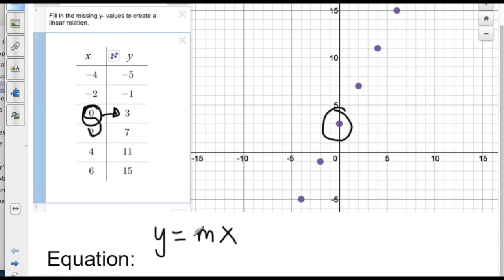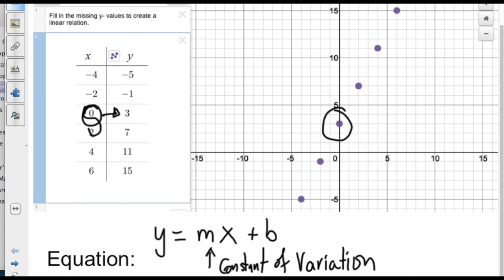That constant of variation is very similar because these are related by going up by the same number. So we've got y equals mx, but we have to offset it, so we have plus b, which is our starting value. Our m is the same, still our constant of variation. But the b this time, since that number is there, we call our fixed value or our initial value.